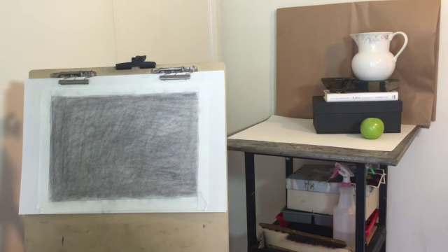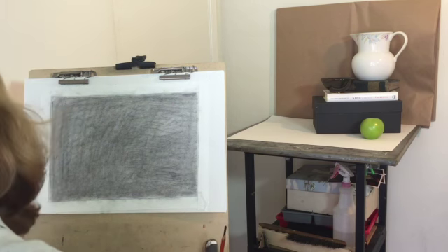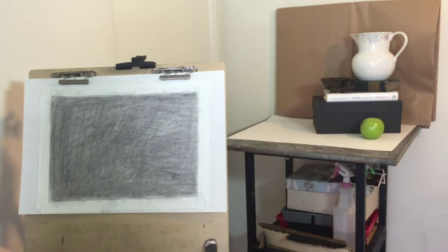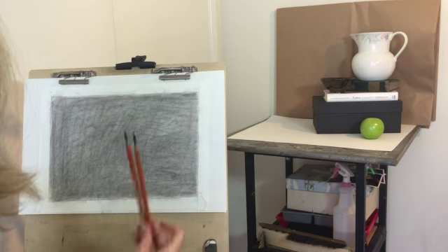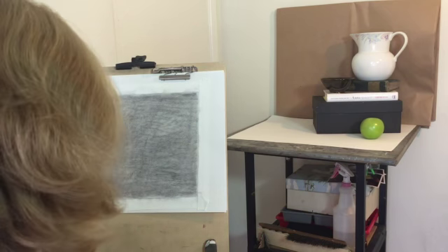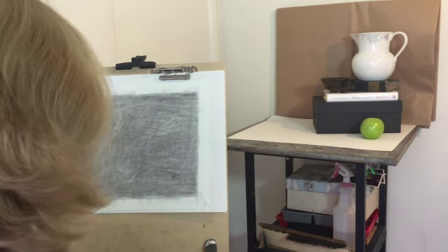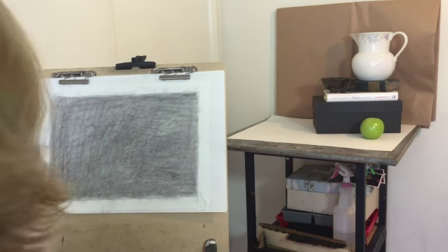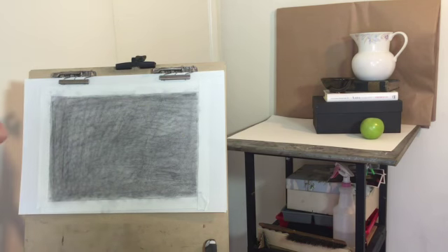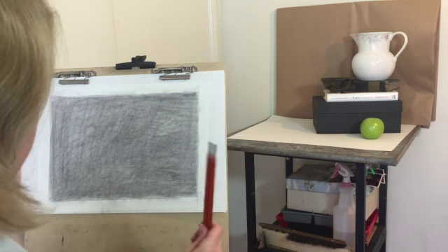Okay, now I am going to use my white eraser for this part, and I'm going to use my medium and soft charcoal pencils. I believe on the videos they're using maybe a charcoal stick, but I like these.